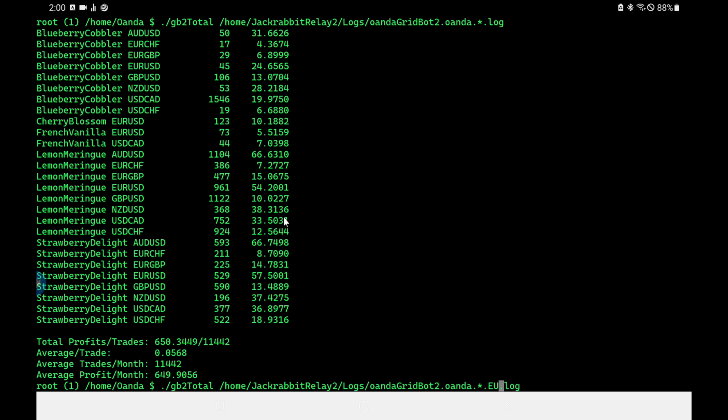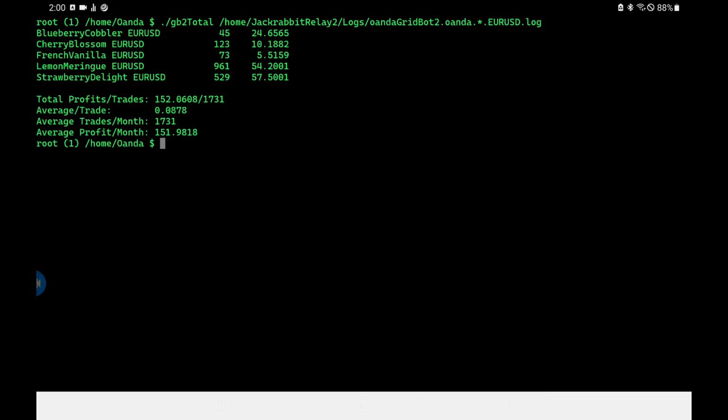Let's focus only on Euro USD. Now here are all of the Euro USD trading pairs, and only those trading pairs. Again, Cherry Blossom is my real money account.